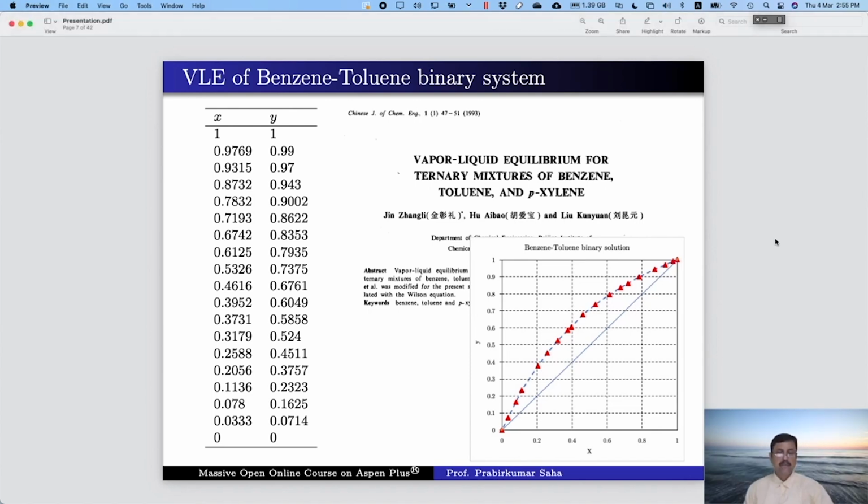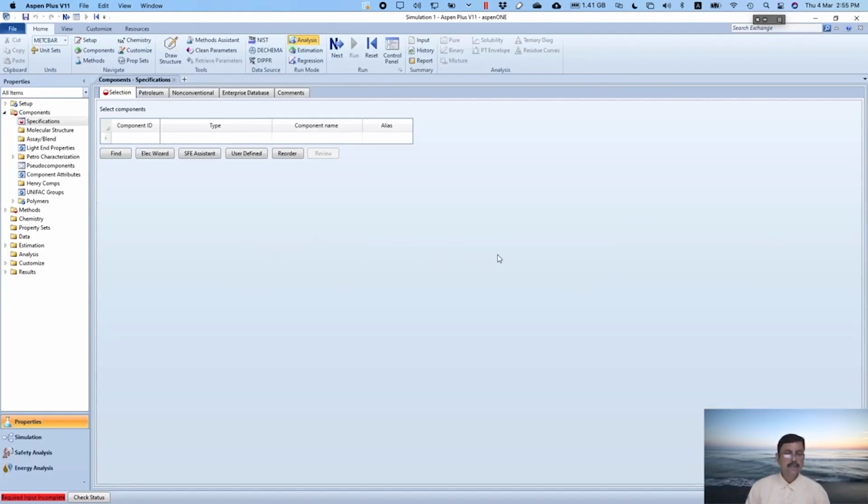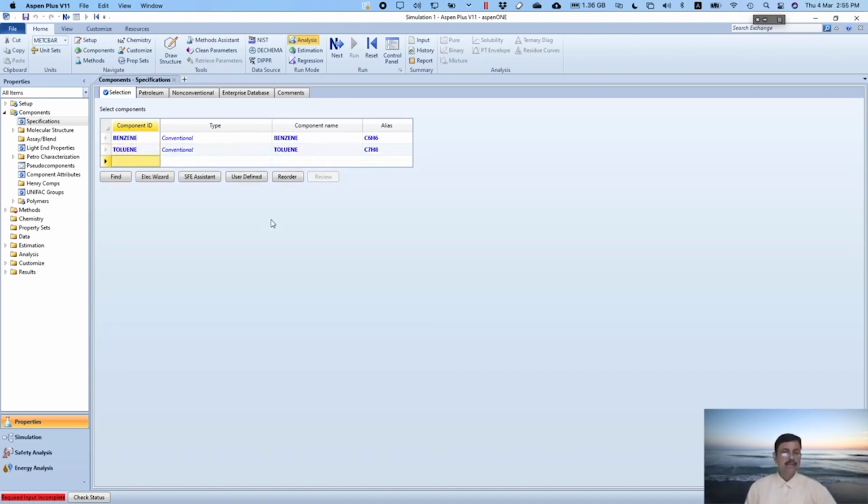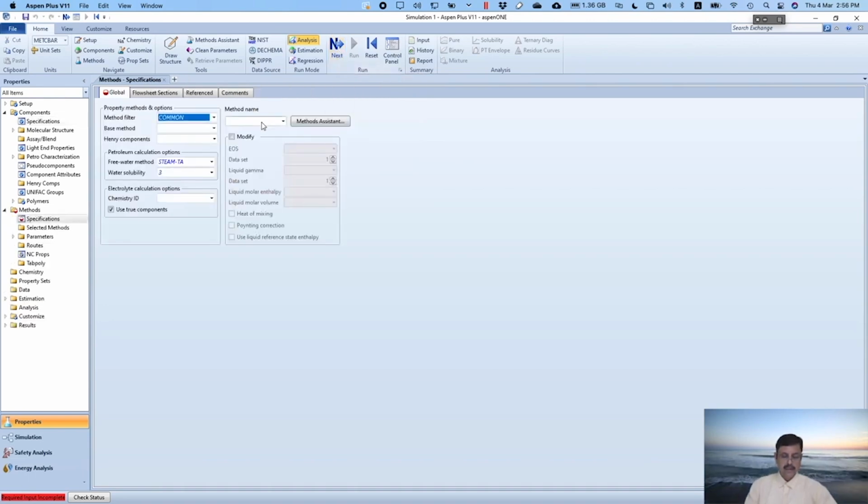Let us go to the Aspen Plus simulation window, and benzene and toluene are added. Press next, and we'll use the ideal method. So let us run.